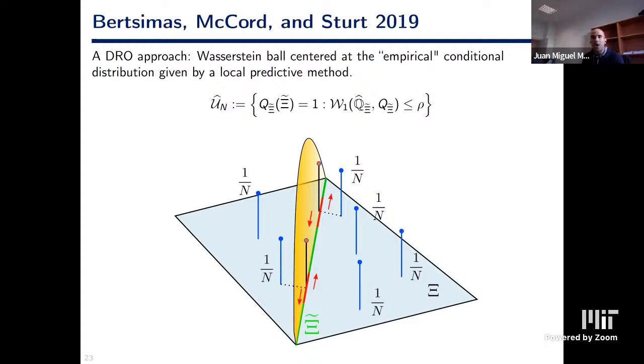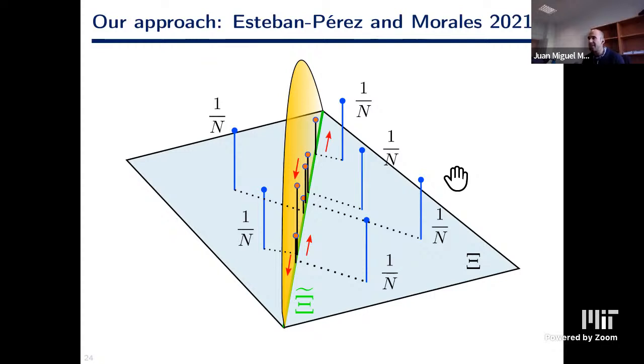So what we propose instead is that any of the neighbors, any of the blue points in the figures, can indeed contribute to the conditional inference. That is, any of these points can contribute to form the center of the Wasserstein ball.